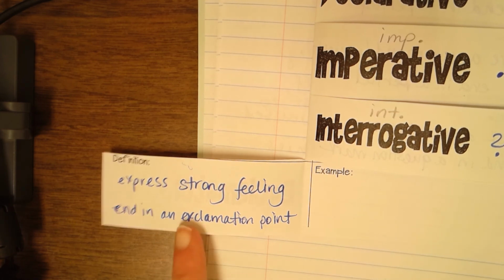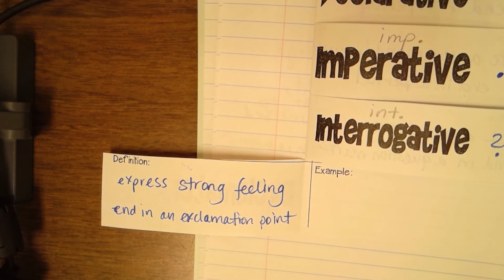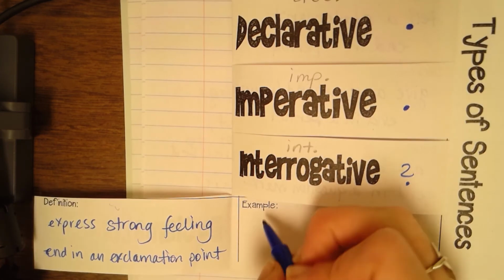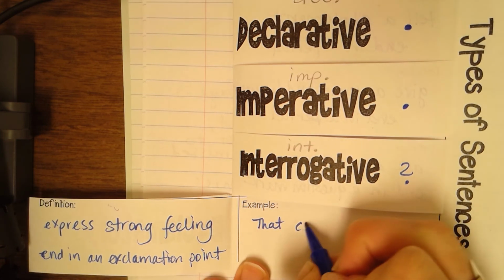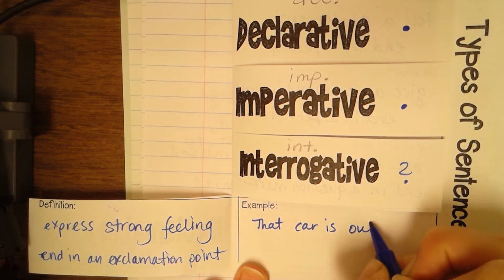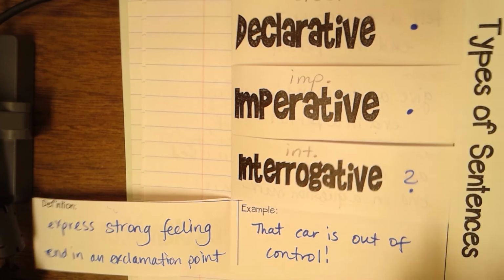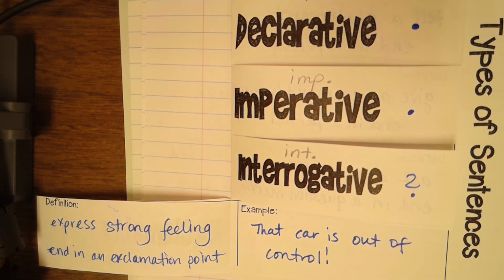So they express strong feeling and they end in an exclamation point. Hence the name exclamatory. Exclamation point and exclamatory have that same root word in there. All right, here is your example. That car is out of control. Exclamation point.